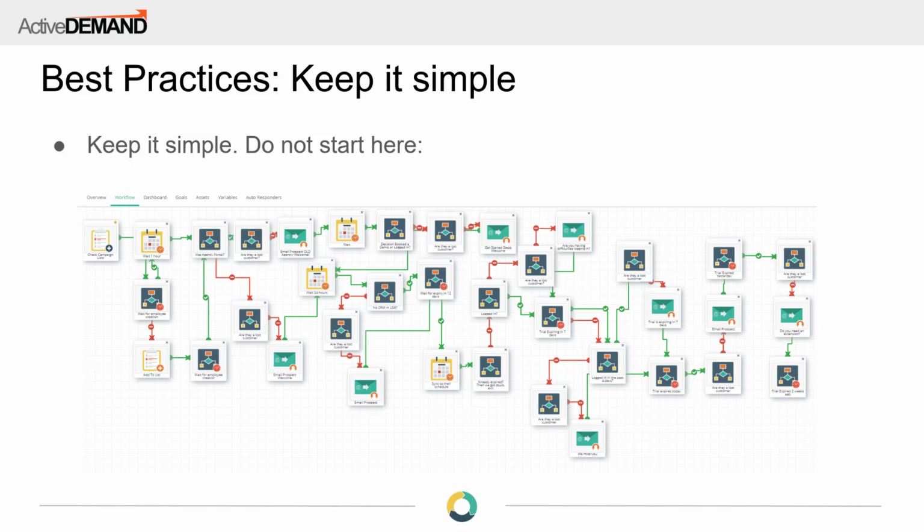Really start slow and layer the workflow as you progress. Right? You don't start with something like this. Start really basic. Get a feeling for what this workflow is trying to do and test. Right? So it's easier to test with a simple workflow and then slowly layer on the complexity.